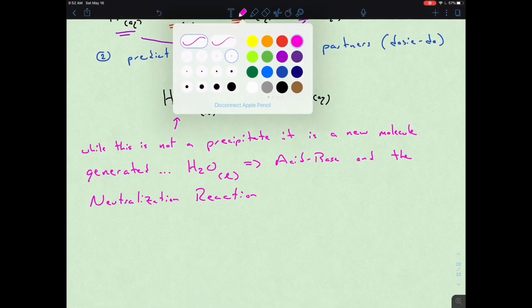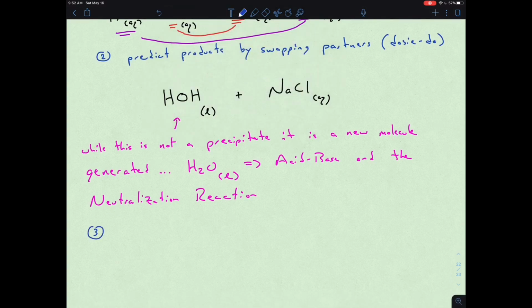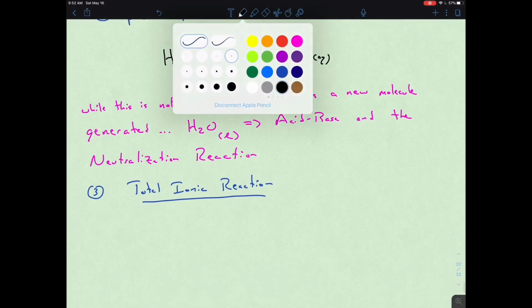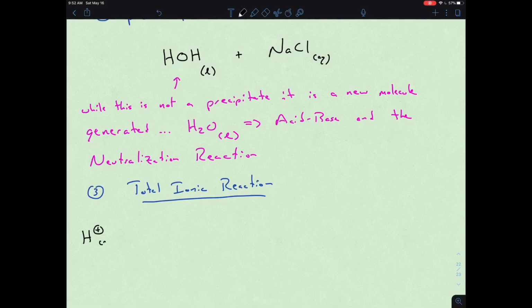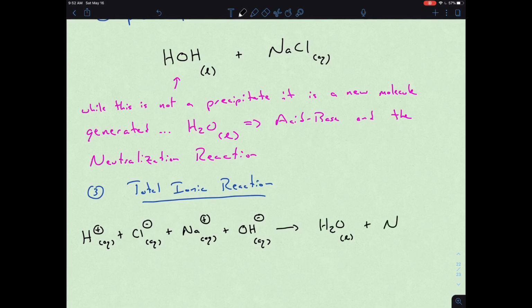So for the total ionic reaction, right, we're looking at H plus, Cl minus, plus Na plus, and hydroxide, producing then H2O and sodium chloride, which is aqueous.